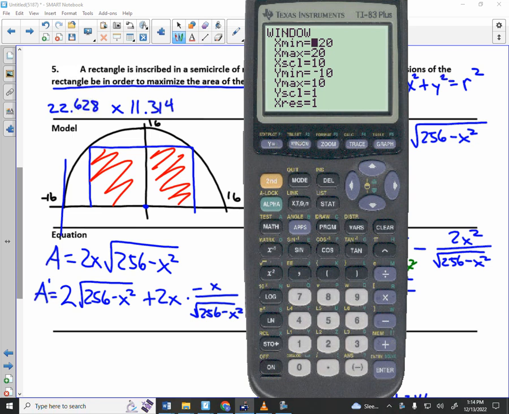I'll change my window to make my y values a little bit different. We'll go negative 200 to positive 200. See if we can see it then. Let's see if we see it now. See a little bit of it now? Let's make one more adjustment here to the window. Instead of going to negative 200 and positive 200, let's go to negative 600 to positive 600. And you tell me what that graph looks like.